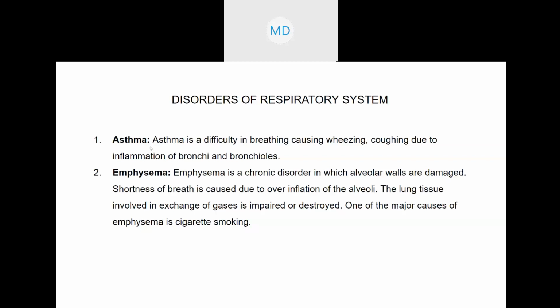Asthma, all of you know. I have also heard people saying that when there is an asthma patient in someone's family, they don't share their utensils.